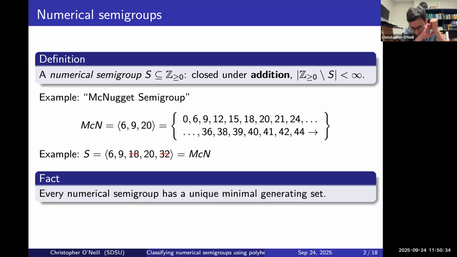And so one nice fact here: every numerical semigroup has a unique set of minimal generators. In particular, this is a minimal generating set, both minimal with respect to cardinality and with respect to containment. What this means is that every element of the semigroup either is or is not a minimal generator, based on whether it can be written as a sum of strictly smaller elements. So it's a nice attribute. We'll be using that throughout the talk.